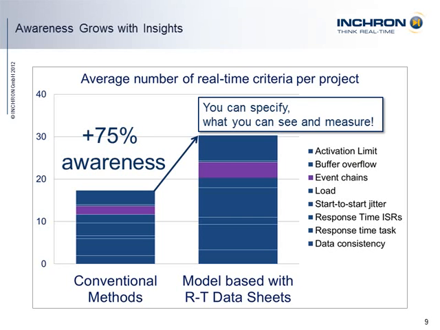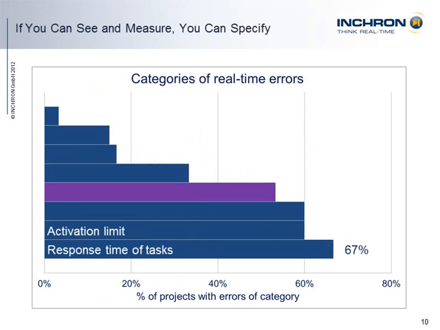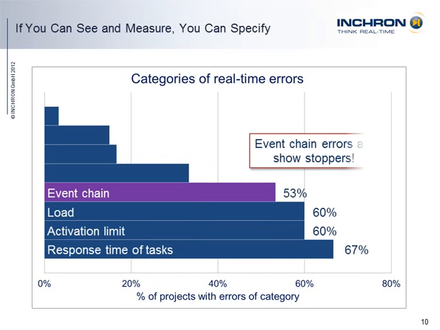There are some more numbers we've extracted from our work that hopefully will give you an estimate where the largest risks are, where most real-time errors are. Most prominent are the classical real-time errors. A task is too late, or a maximum CPU or bus load is exceeded. Event chain errors are often as well, but in contrast to exceeded loads, there is no safety margin or exception allowed.